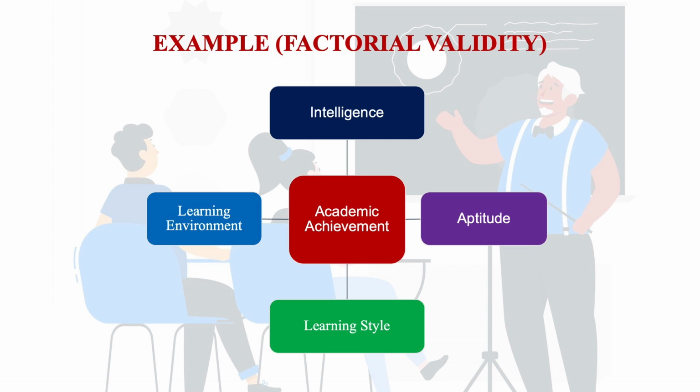So here, as an example in factorial validity, so far as academic achievement is concerned, what are the different factors of academic achievement? Here you see intelligence is one of the factors for good academic achievement, aptitude is also another factor, learning style is also another factor, and learning environment is also another factor. So all these four factors contribute to the validity of a tool.